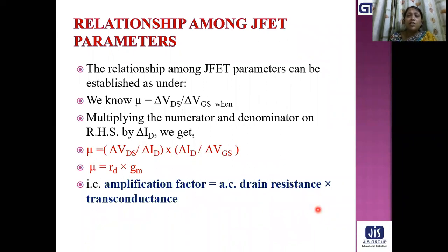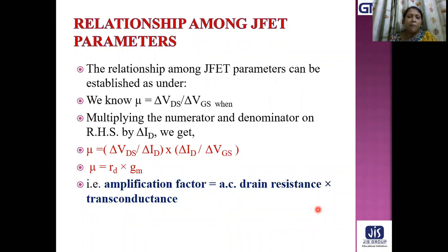So what are the relations between these three parameters? The relationship among JFET parameters can be established as under. We know mu equals del VDS by del VGS. Mu is the amplification factor, so output voltage by input voltage is mu, when ID is constant.